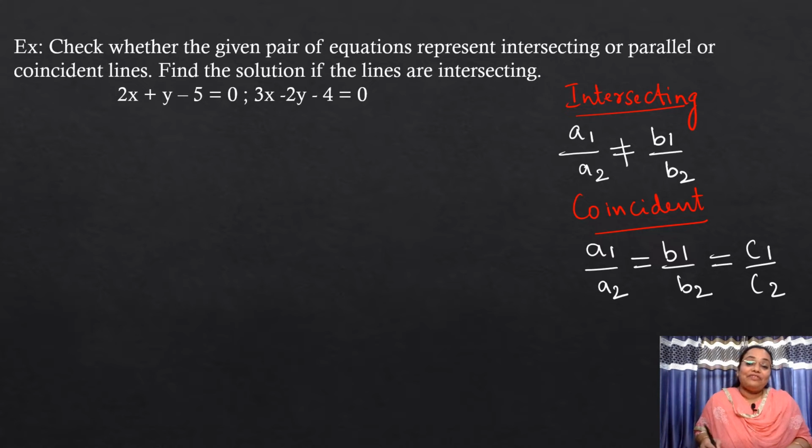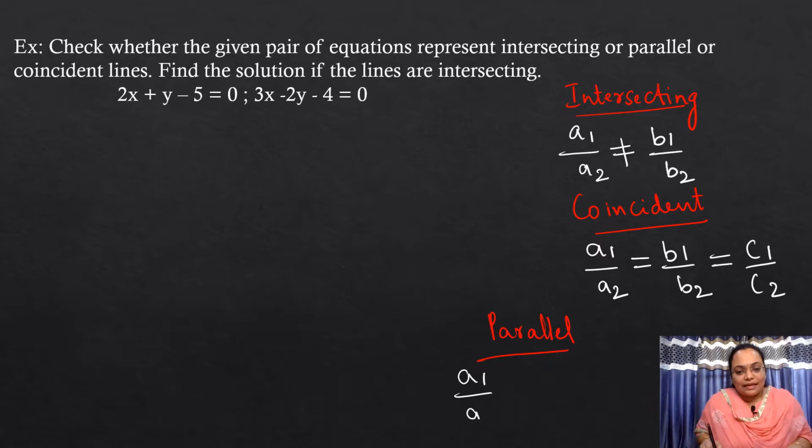Right? And if it is parallel lines, what is the condition? A1 by A2 is equal to B1 by B2 is not equal to C1 by C2.